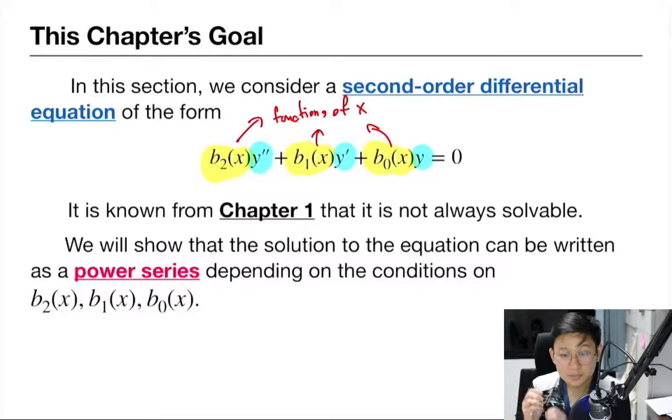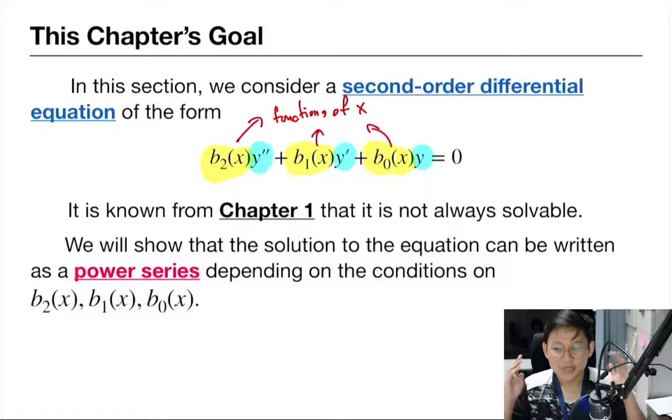And then depending on B0, B1, B2, we're going to show that you can write down the solution, but it's not analytical. You don't get y equals something. But you get y in terms of power series, which is the infinite sums that we just talked about. Okay. And that's it, guys, for the introduction.